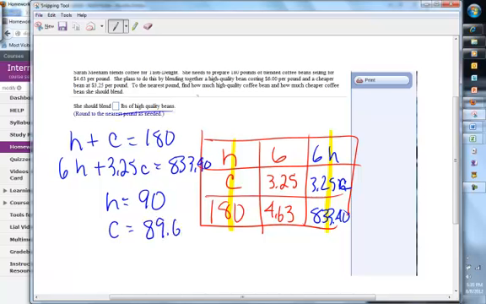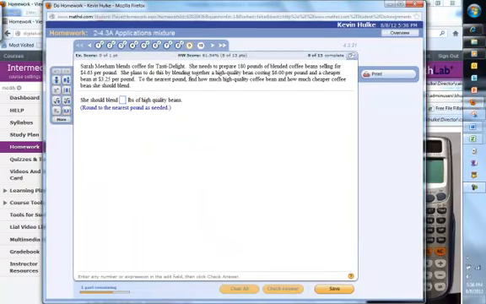Since it says to the nearest pound, we'll say 90 pounds. So she should have 90 pounds of each.